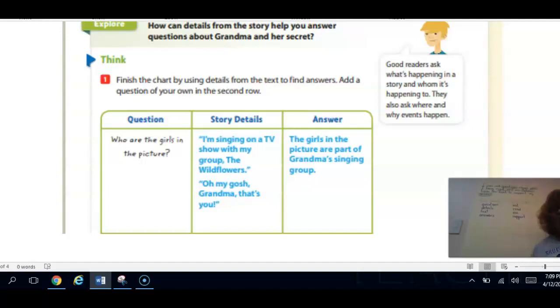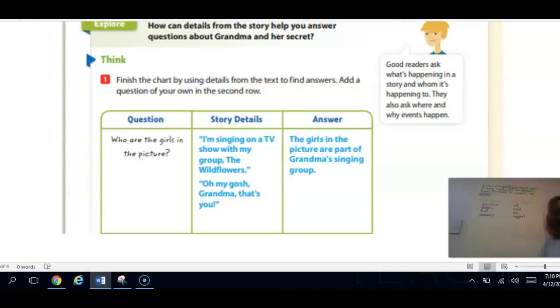Well, first of all, as good readers we have to remember to ask what's happening in the story, whom it's happening to, and also to ask where and why the events happen. The direction says, finish the chart by using details from the text to find answers. Add a question of your own to the second row. That'll be the you do.